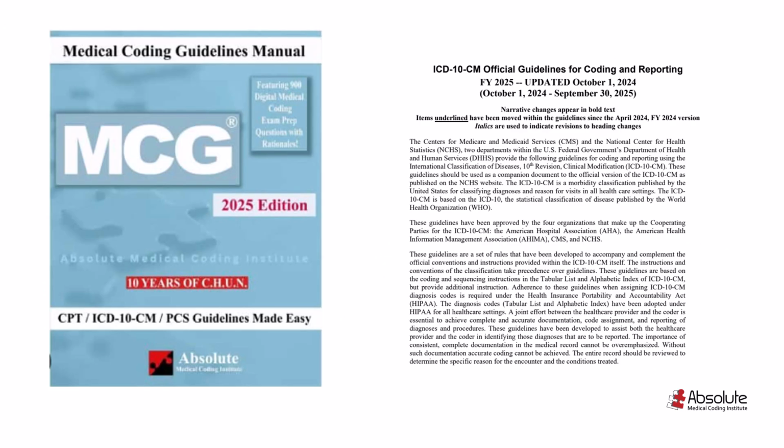Don't forget to follow along in your MCG manual. Go ahead and flip to Chapter 18. I think this is the best way to follow along. The guidelines are laid out a little nicer because you have the sequencing order. However, if you don't have the MCG manual, go ahead and use the official ICD-10-CM guidelines published by CMS.